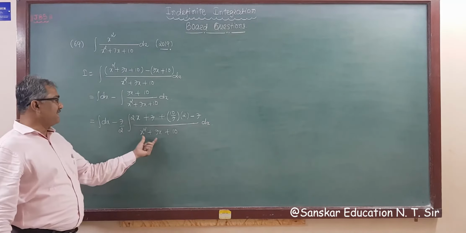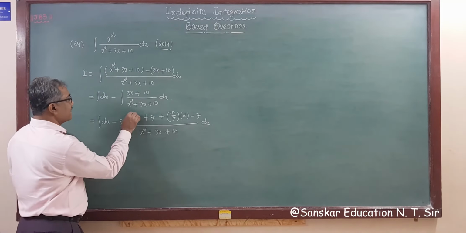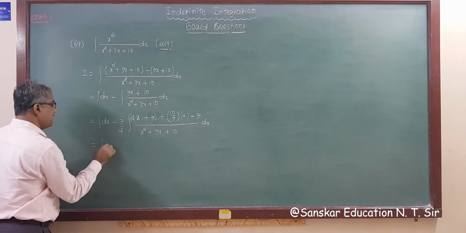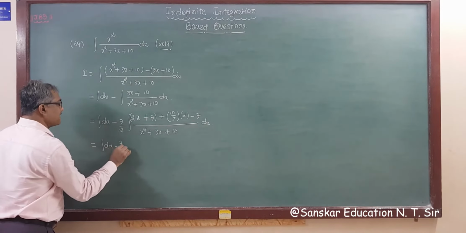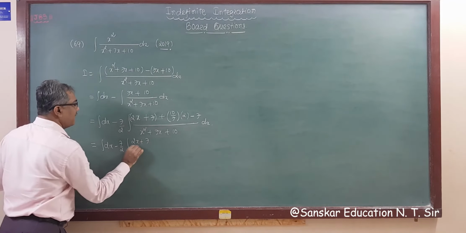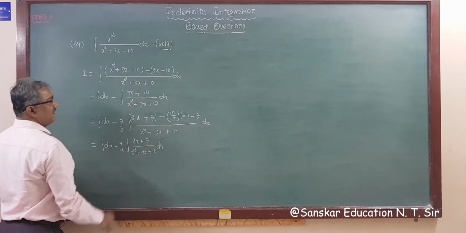I am adjusting the derivative of the denominator, twice x plus 7. So bifurcating, integration dx minus 7 by 2 integration of twice x plus 7 whole upon x square plus 7x plus 10 dx, right?